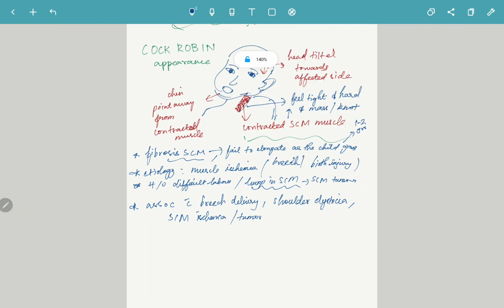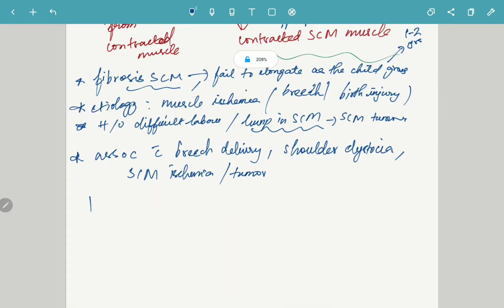So how are you going to treat torticollis? The treatment is a unipolar release or a bipolar release.